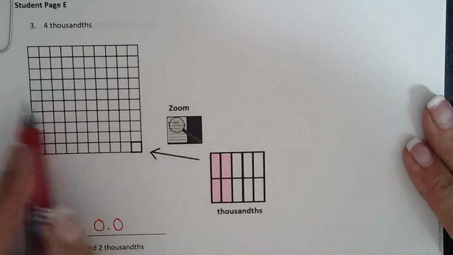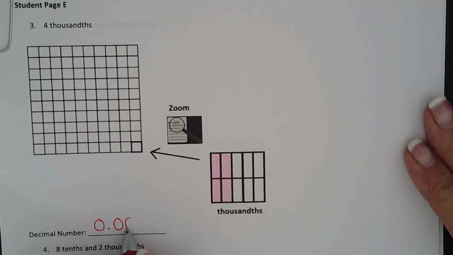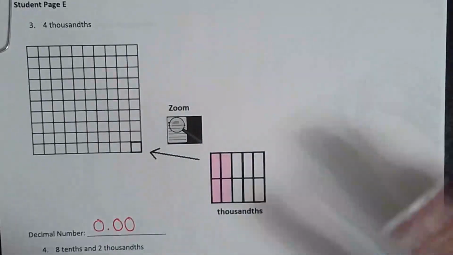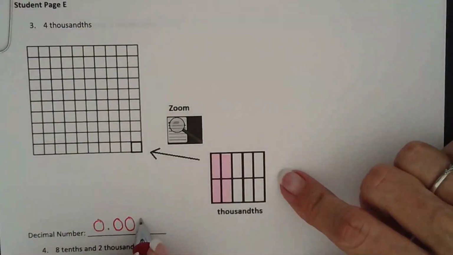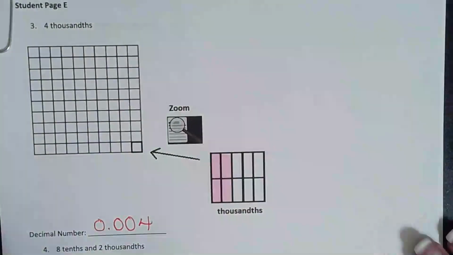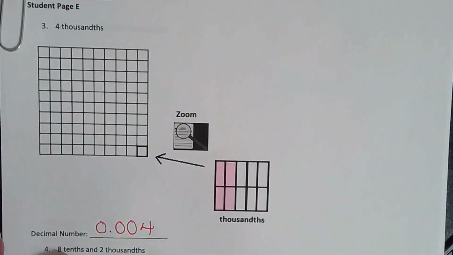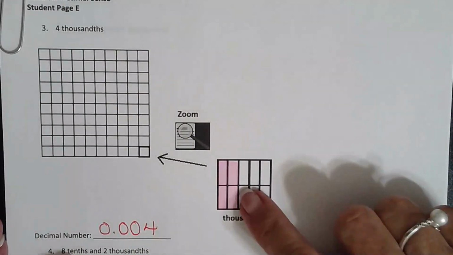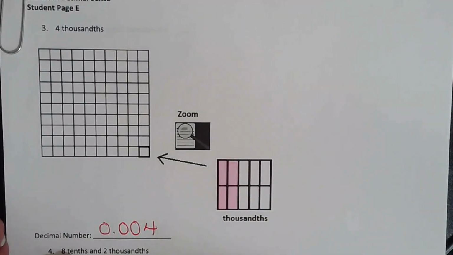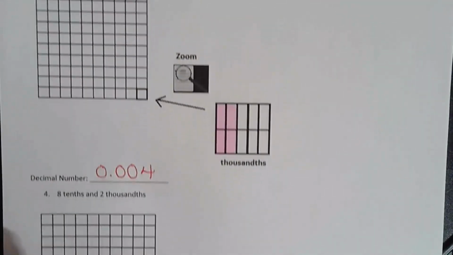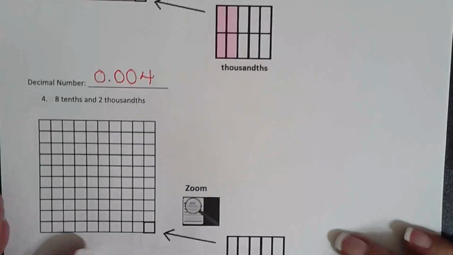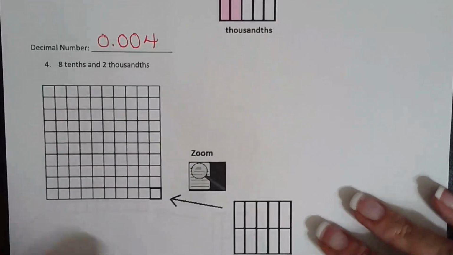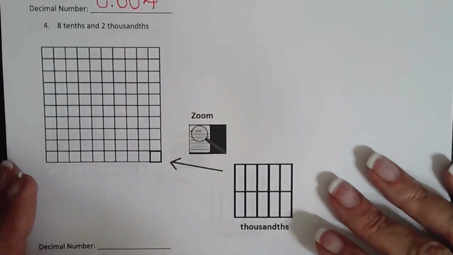How many boxes are there? 0, no hundredths. How many thousandths are there? 4. So that's how you would write 4 thousandths. So no tenths, no hundredths, just 4 thousandths. Okay. Go ahead and shut off the video and do number 4, and then come back and we'll check it together.